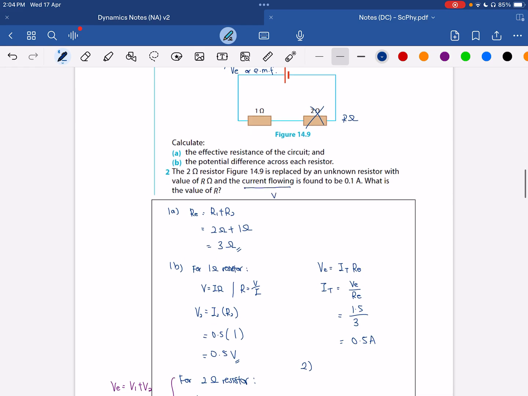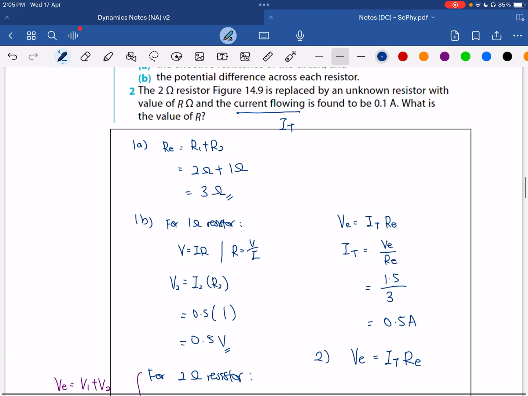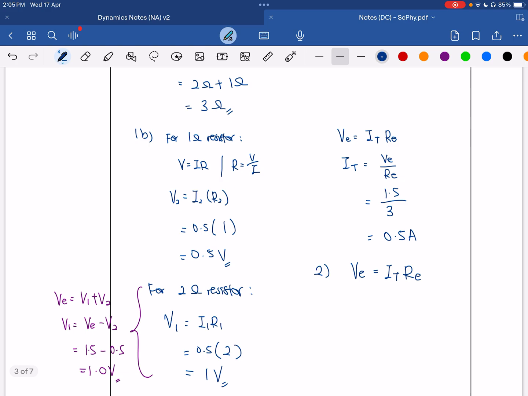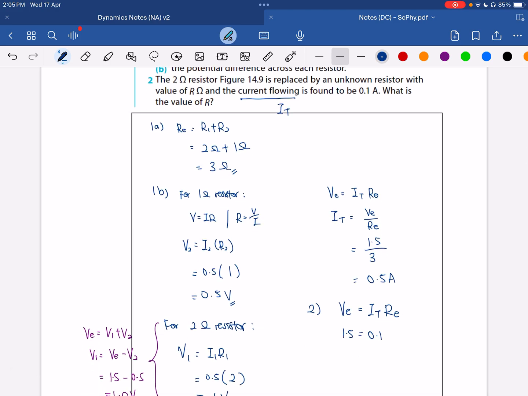Now since the new IT, the total current, is 0.1 ampere, VE equals IT times RE. So I want to find the new effective resistance. VE is 1.5 as we found just now, equals IT, which is 0.1, the new value of the total current, times RE.